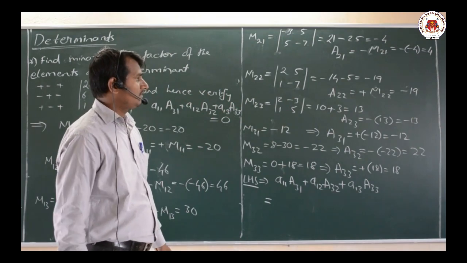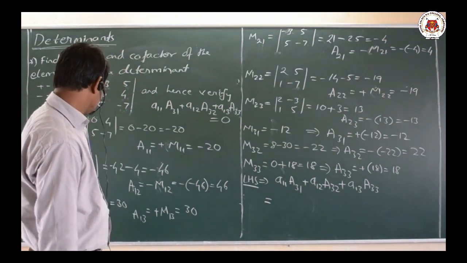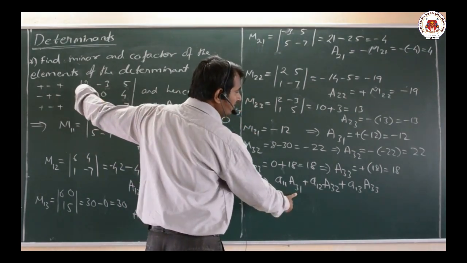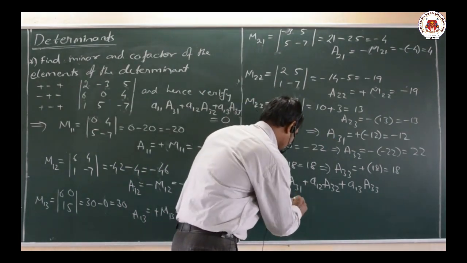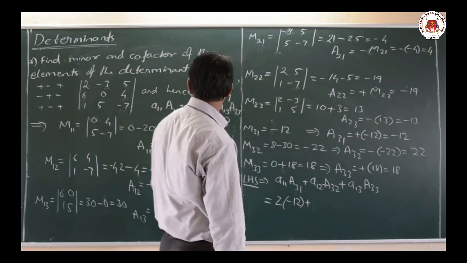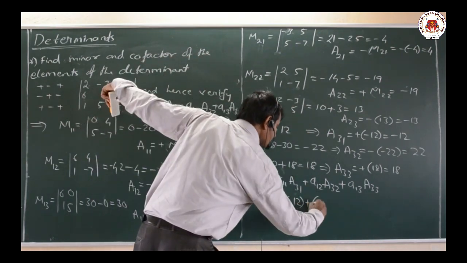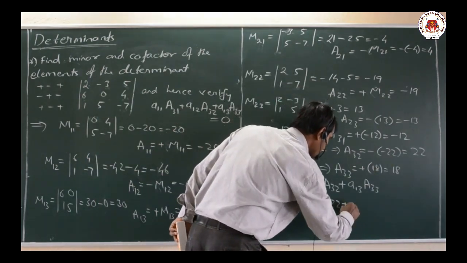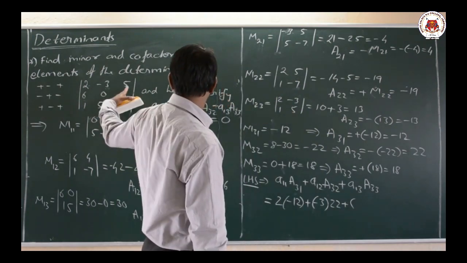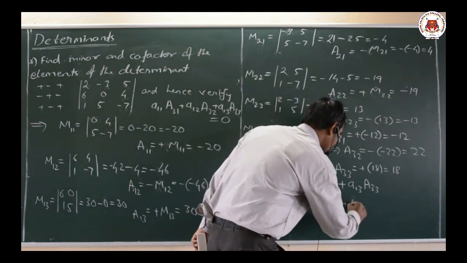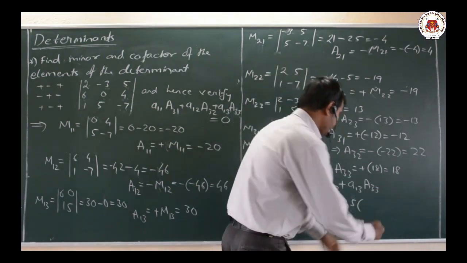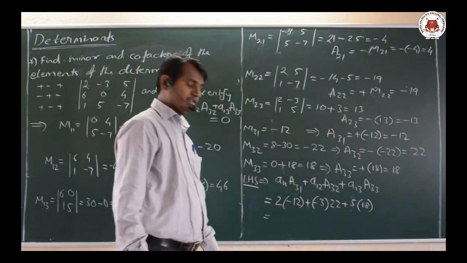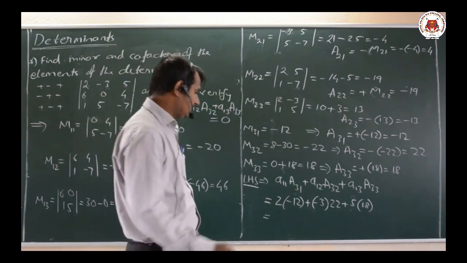A11 value is 2, A31 is minus 12, plus A12 is minus 3, into A32, the value is plus 22, plus A13 value is 5, 5 into A33 value 18. You can just verify it, solve it and you will get the value as 0.